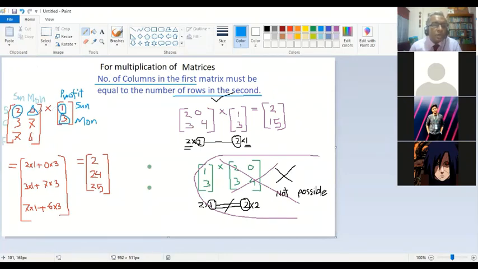And 0 Sprites on Monday, where selling would give 3 taka profit, but I sold 0, so 0 into 3. So this is the 2 taka profit from Sprite on Sunday and Monday, the total profit on the products.